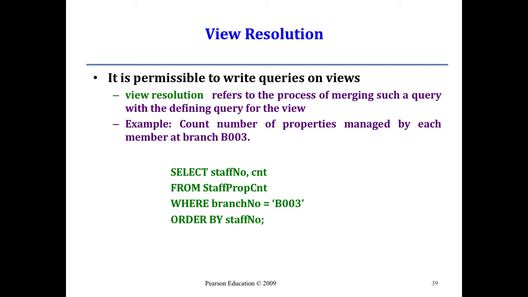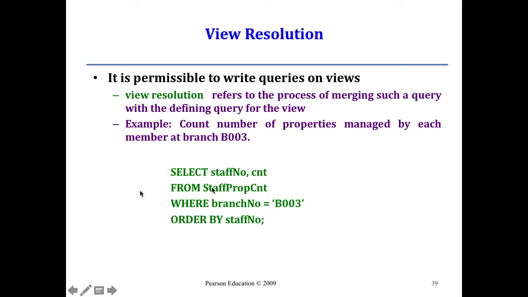If it's being dynamically generated, then we somehow have to map the query on the view into a query on the base relations, and that is called view resolution, the process of merging a query on a view with the defining query for the view. So it's a merge process.